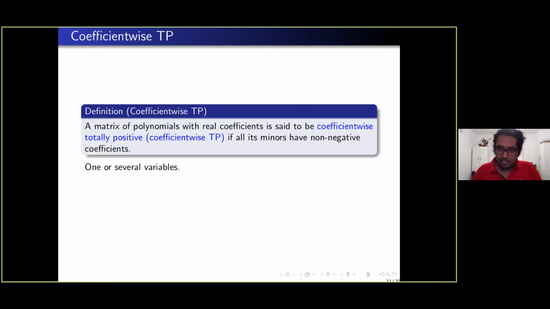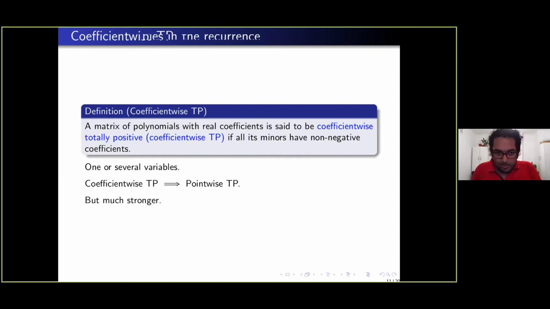And I have no restrictions on the number of variables these entries can have. So there can be one or several variables. And if you substitute non-negative values into these variables, you're going to end up with a matrix which is totally positive. So coefficient-wise TP implies point-wise TP, but it's a much stronger property. The reverse implication is not true.